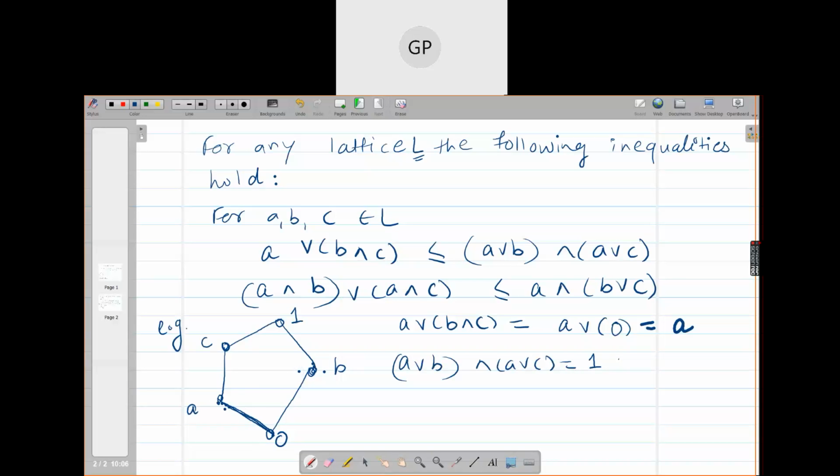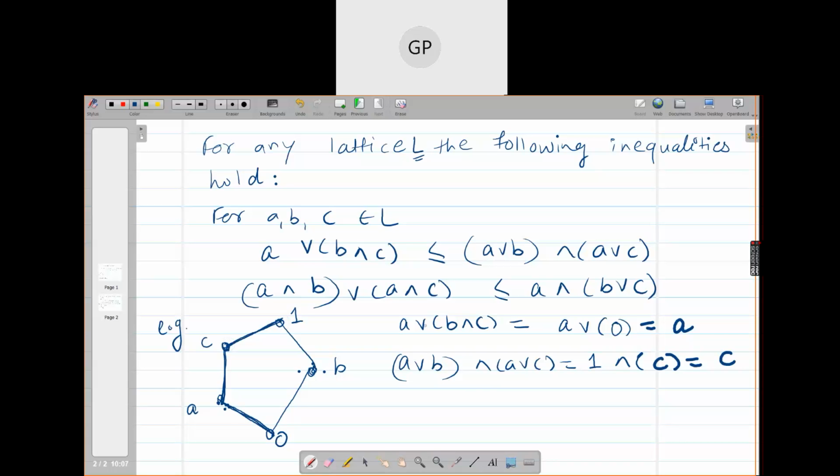Meet, what is A join C? C, correct. And what is 1 meet C? 1 and C, C is at the lower position. It is C, correct. So are they equal?